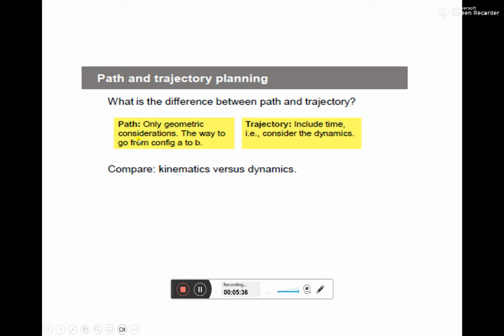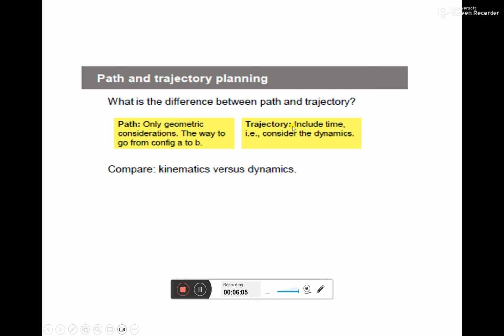For the path, we just specify the different movements, like what is the x position, what is the y position, what is the z position. Whether we have to perform translation movements, that is linear movements, or rotation movements. Only where we have to make the robot move between different points. We are not specifying any time constraint. That is the path.